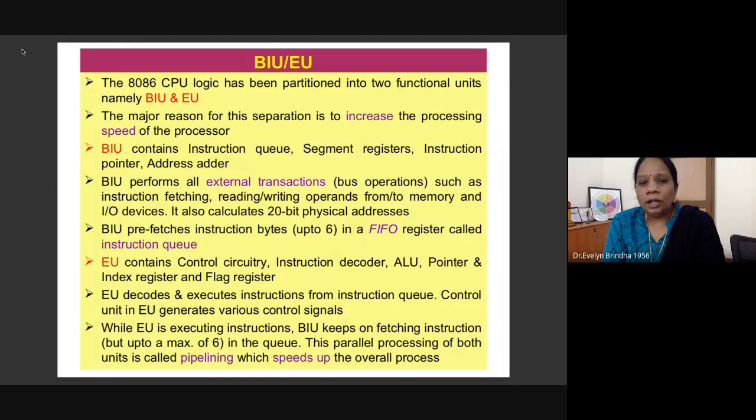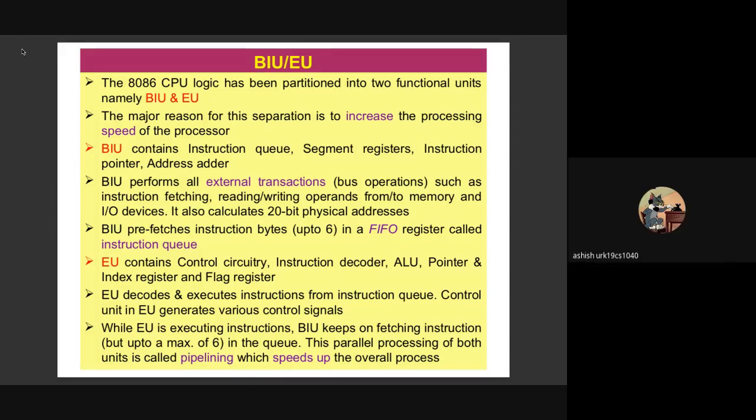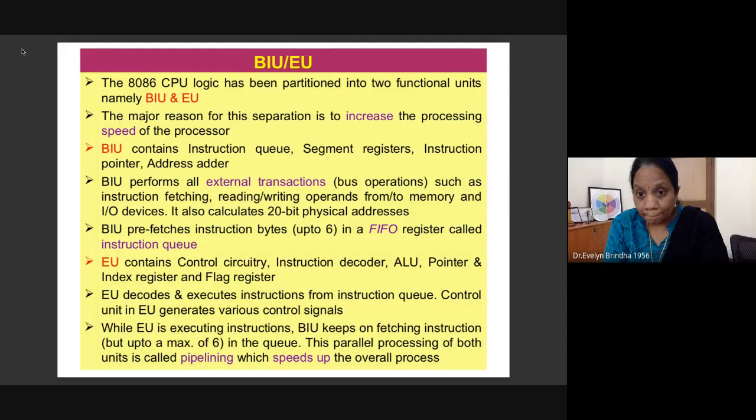Now, BIU has got something called a queue. What is a queue? It's a type of data structure. What is the principle of operation of a queue? We saw about stack. Now, what is this queue? It works on what principle? FIFO. FIFO, yeah, it's given here. What is FIFO? Can you elaborate it?